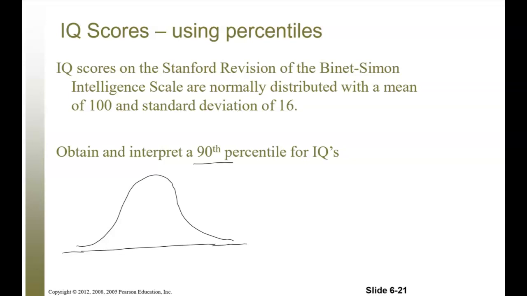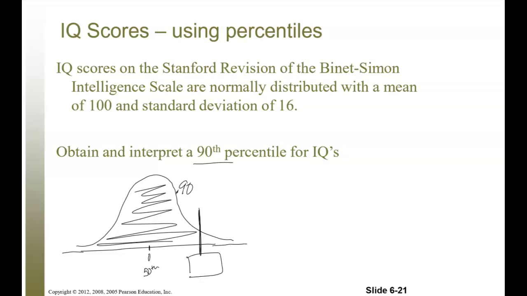So 0 is a 50th percentile, right? Doesn't that make sense? Because 50% is below it and 50% is above it. So I want to figure out what is the z-score that has an area of 0.90 to the left.